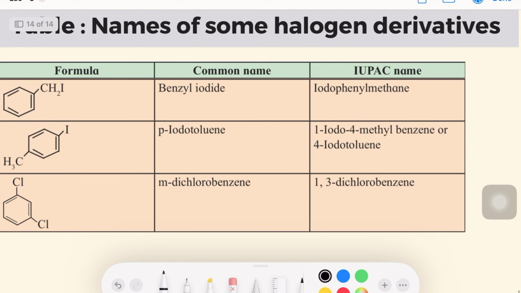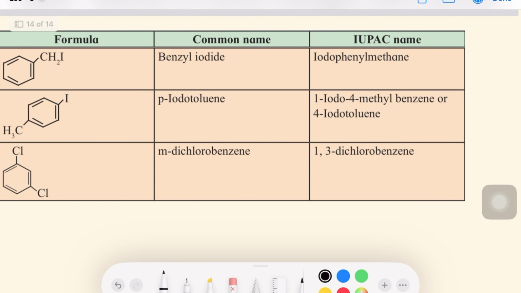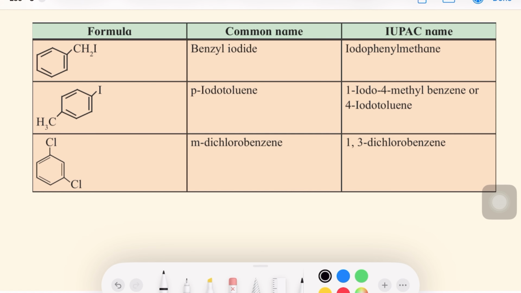Okay, then next and last example of this: if both halogens are present at 1,3 position, then the prefix used is meta. So this is 1, 2 and this is the third carbon, so the prefix used is meta, dichlorobenzene. Why dichloro?